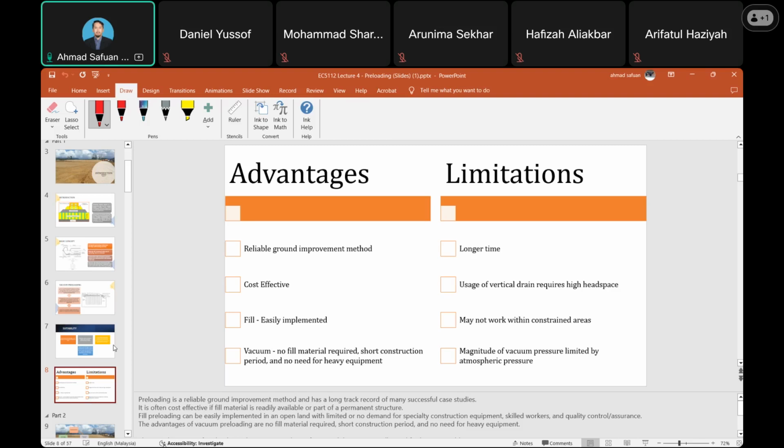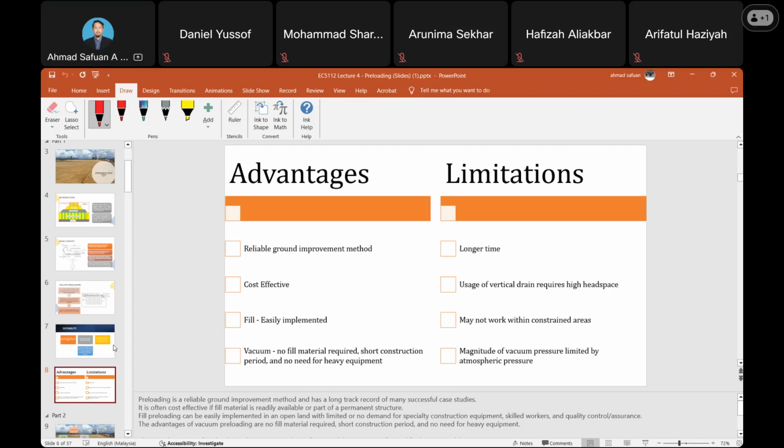So then it can make the foundations weak, and later on it can collapse. So the thickness and the time allowed are the most important things during the process of preloading. We will discuss later on.